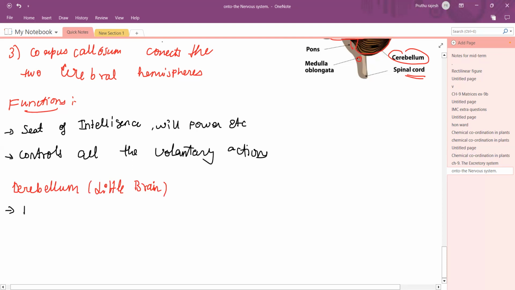Cerebellum is located at the base of cerebrum.